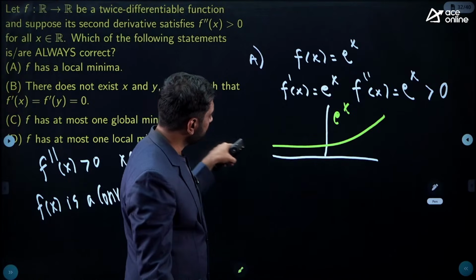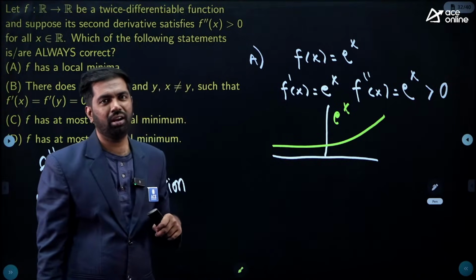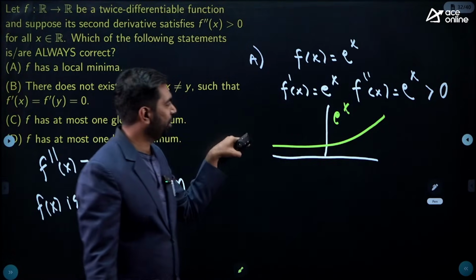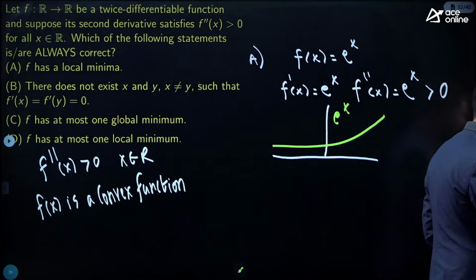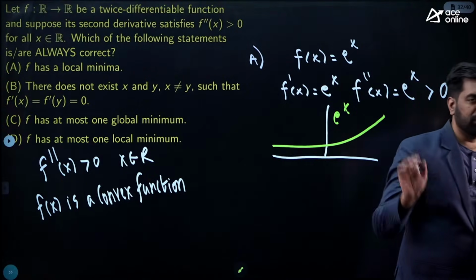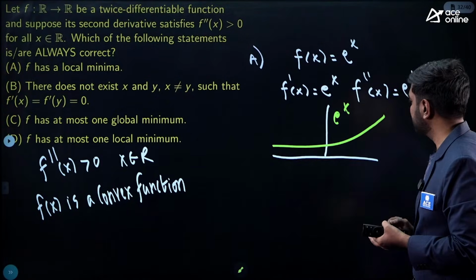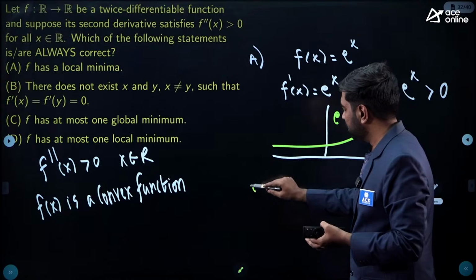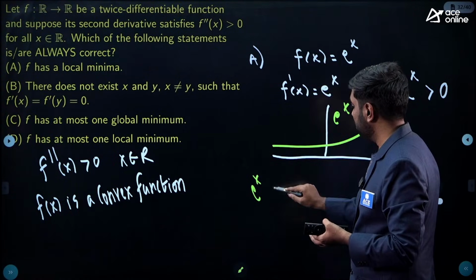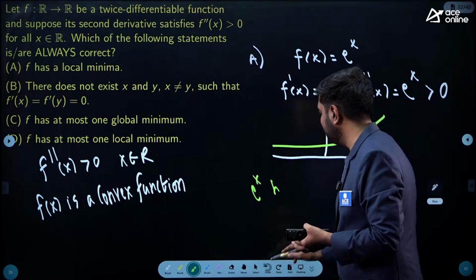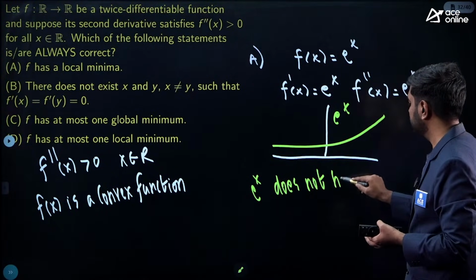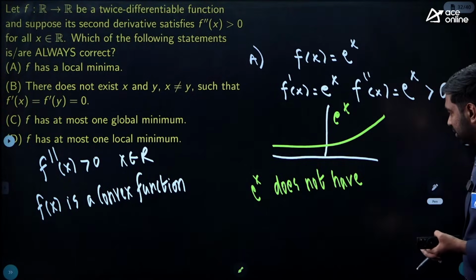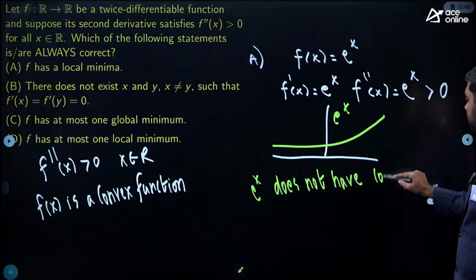Do you feel this function has a local minima? Students, come on. Do you feel that this function has a local minima? Can anyone help me in this? Does this function have a local minima? The way I have drawn this, e power x does not have any local minima.